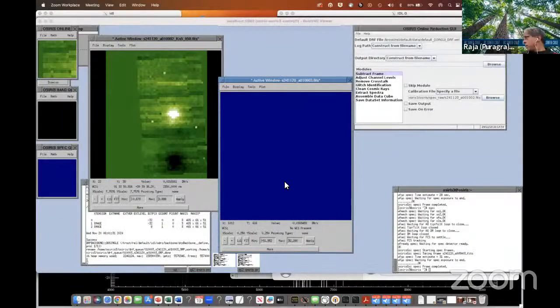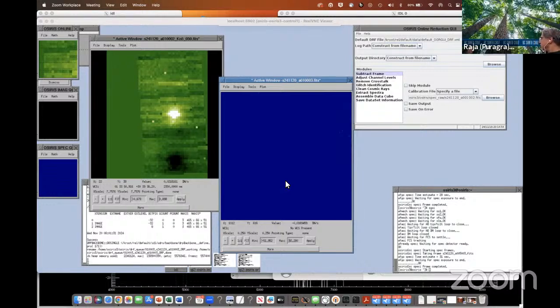So I'm going to go back to screen sharing. Now, Joe, on the guide, we are still seeing the tip tilt star, right? We're not seeing the star cluster. It will take 15 minutes, right?